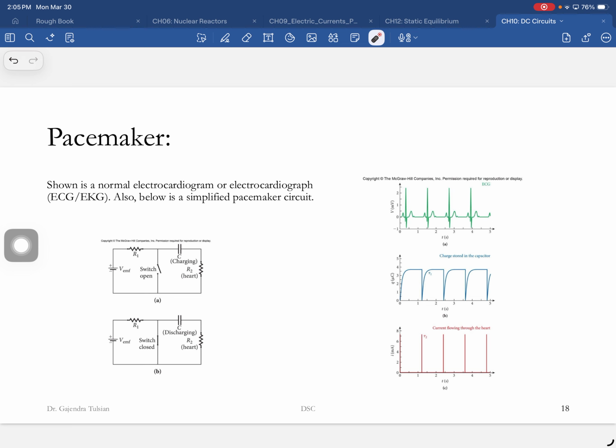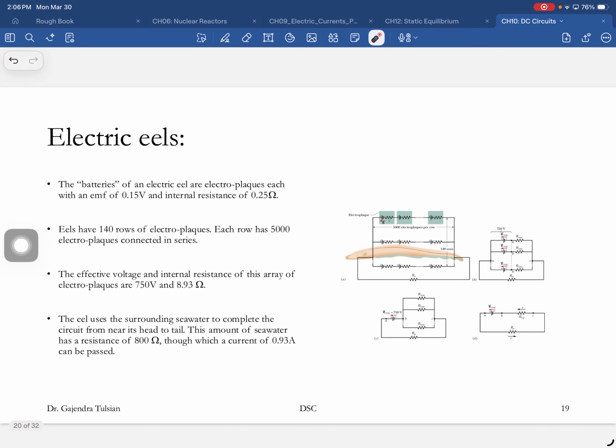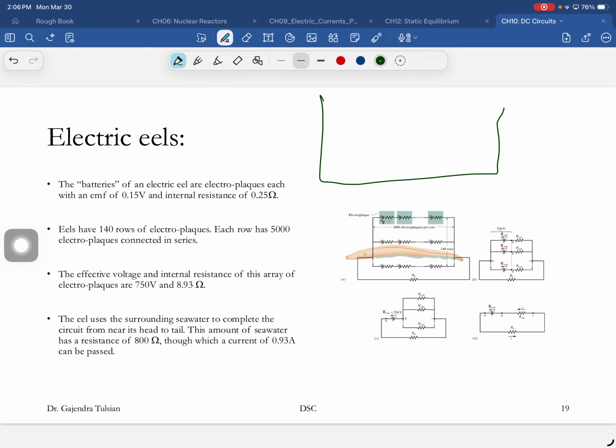These are called electroplaques. So these are the batteries of the eel, and there are 5,000 per row. So 5,000 times that is 750 volts. So here are 5,000 of these cells in series that are providing 750 volts.